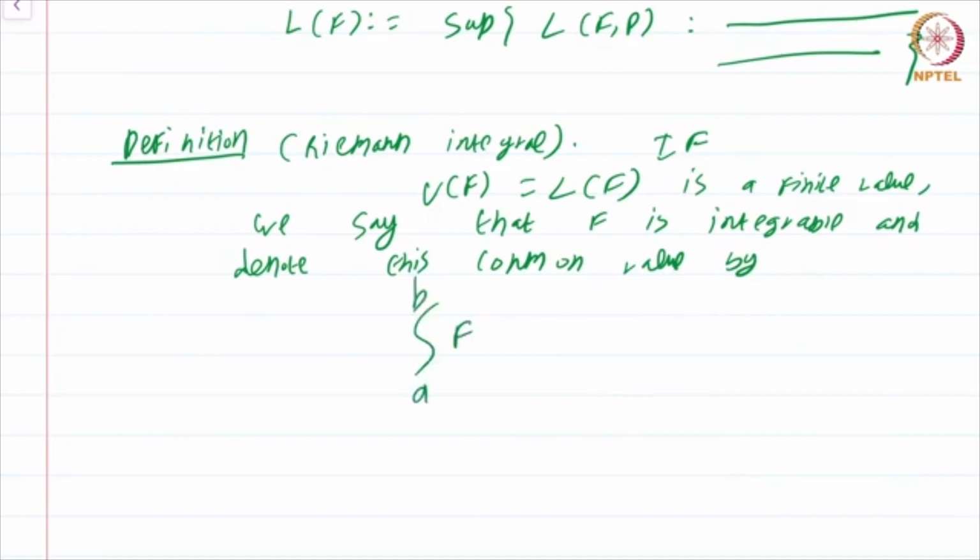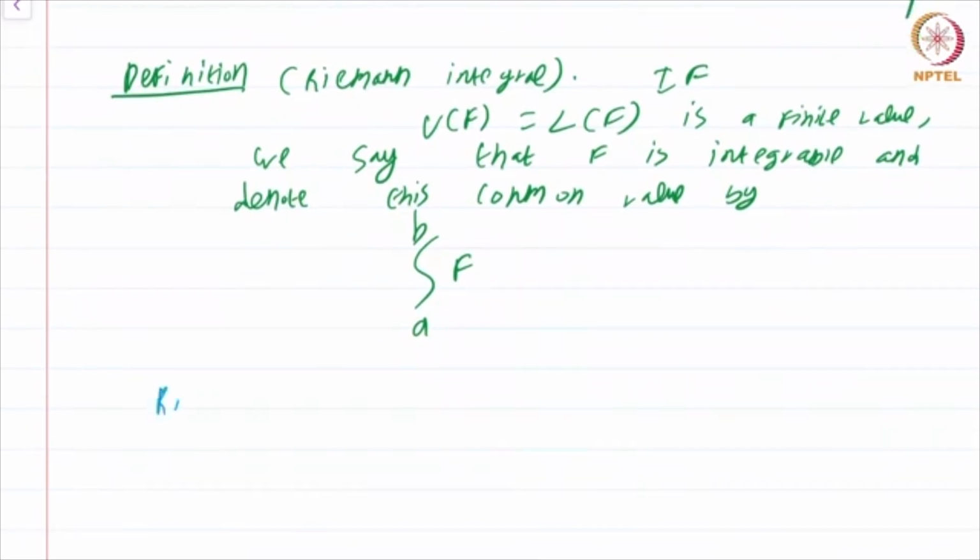Okay. Now let me end this module with just a remark. You will sometimes encounter the notation integral a to b f of x dx. This is a notation that I neither fully understand the motivation for, nor do I see how it adds clarity to the situation. You are introducing a variable x and you're putting a dx.